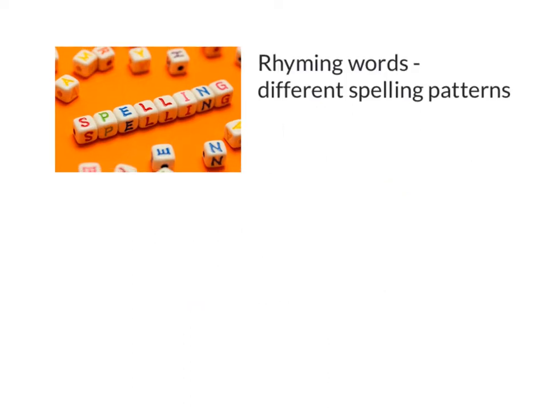Another strategy you can use to help you spell words you don't know is using your knowledge of rhyming words, but also your understanding of different spelling patterns. So for example, if I know how to spell the word pain, I know that with this word, the A sound in the middle of the word is created by using AI.